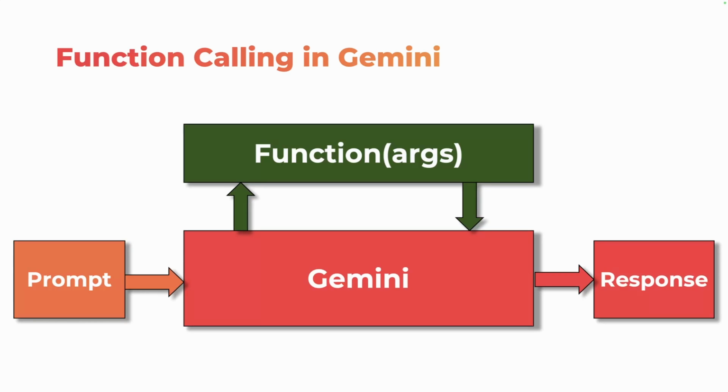Or you cannot say, what is the status of the flight that just left a few hours ago? Or what is the status of an order that I placed yesterday? In order to make the LLM respond to all of this, you need to provide the context. And context can be provided in one of two mechanisms. One is, of course, implementing RAG, but RAG may not have up-to-date information.